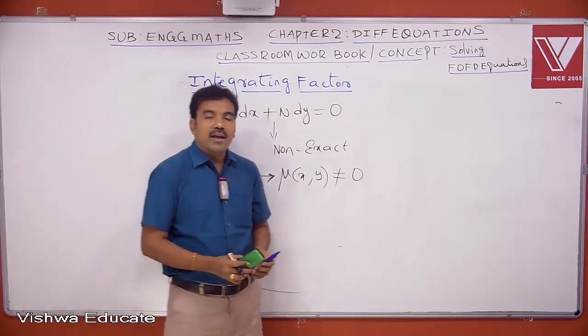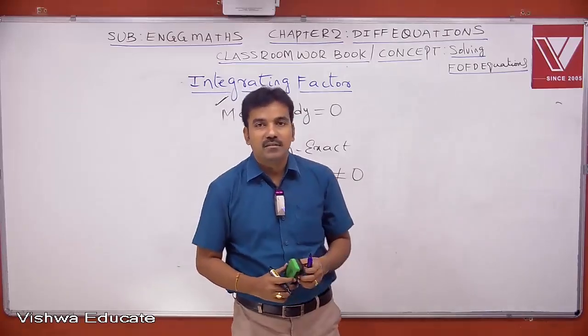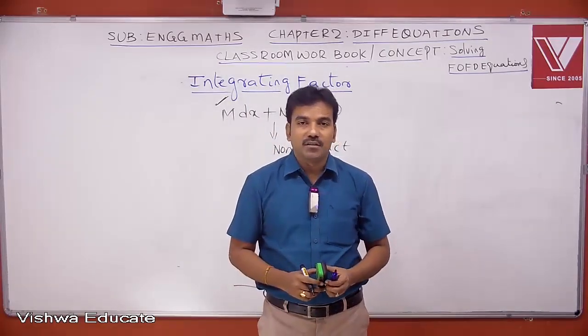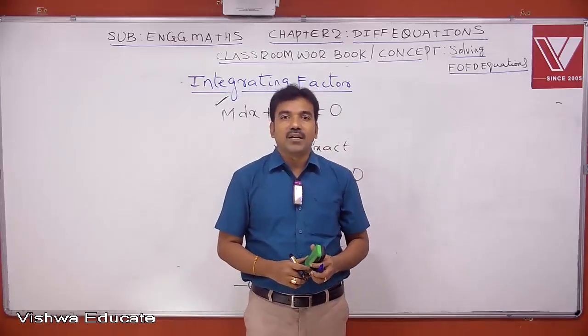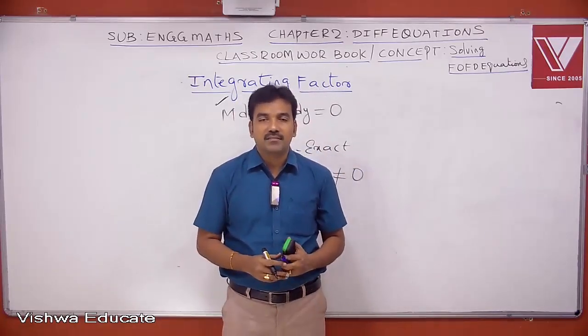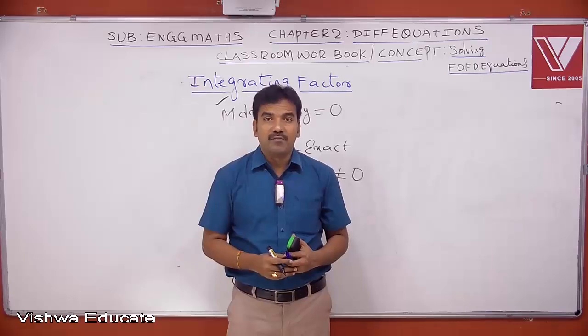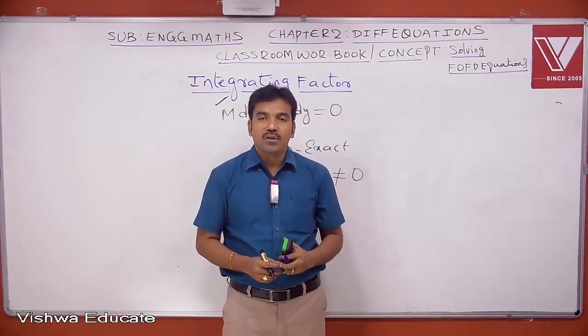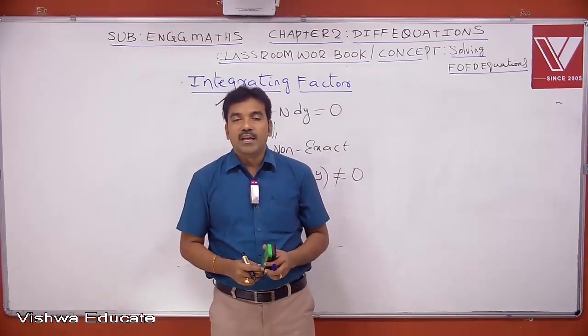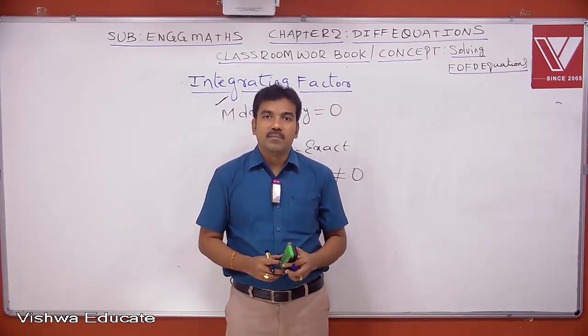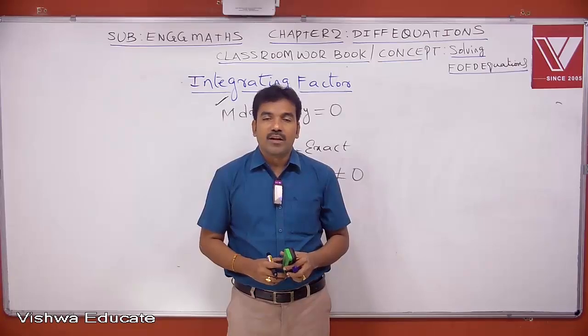Write this definition. A non-exact equation can be made exact when it is multiplied with a non-zero function of x comma y.